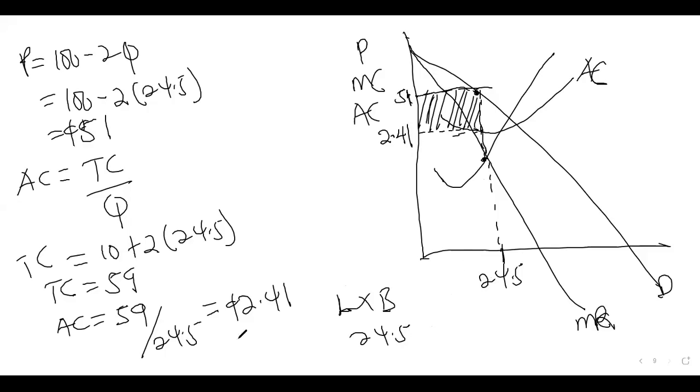If you don't round it, you get a very long figure, so when you are working, you can work with a very long figure so that the answers are not so different. So when you subtract 51 minus 2.41, you get 48.59. So you multiply by 24.5, you get 1190.455. So this is the profit from this calculation.